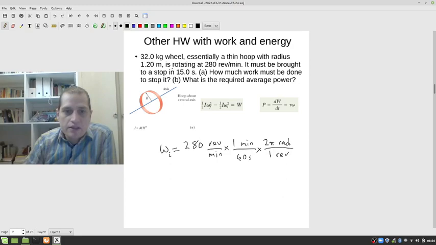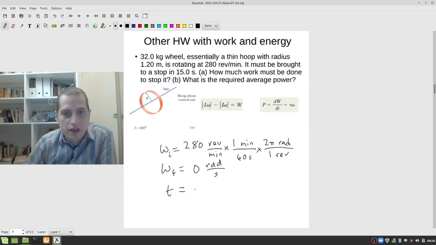And it says it must be brought to a stop in 15 seconds. So your omega final is going to be 0 radians per second, and the amount of time that takes place in is 15 seconds. So it asks how much work must be done to stop it. Well, you get to use your work energy theorem.